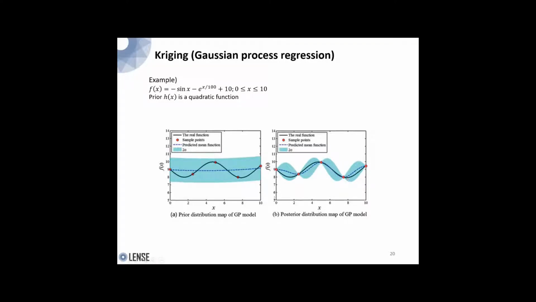So that's much closer to the real function now, because you have this point, this point, this point, this point, this point. So based on what you have gotten as data points and the prior distribution, the a posteriori distribution, or conditional distribution, gives you this updated mean as well as the covariance.